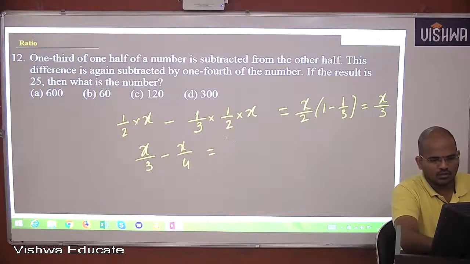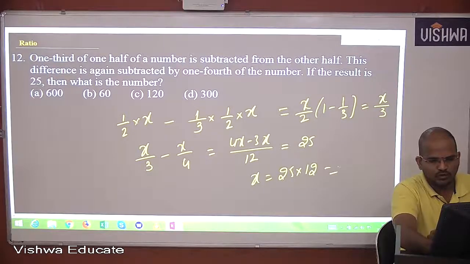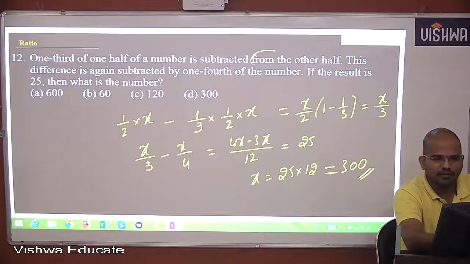So this is 4x minus 3x by 12 is 25. So x is 25 into 12, 300. That's the answer.